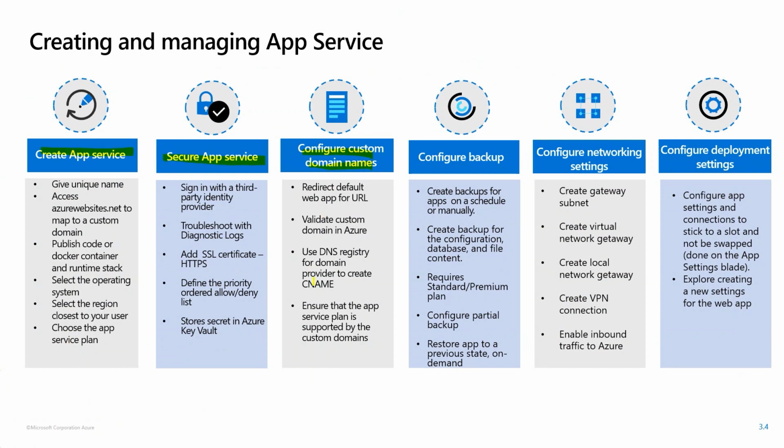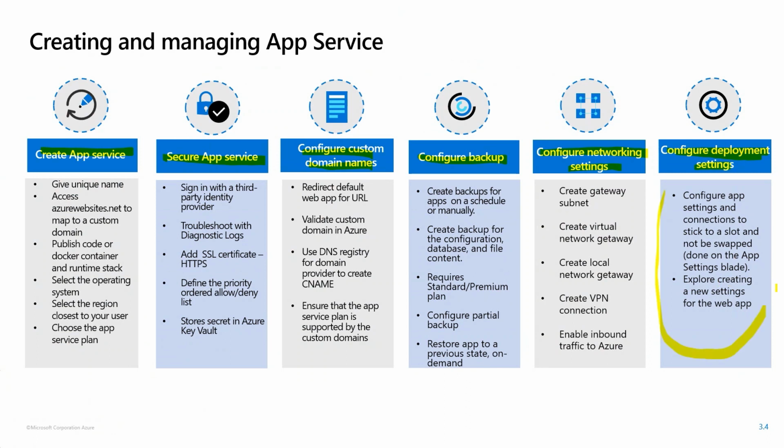Customize any domain names, maybe if you want to bring in a custom domain name, validate it, understand how you have to map that DNS registry or set up that registry or zone mapping for that app service plan. Don't forget to think about backup. Of course, you're going to configure your network settings to coordinate your communication within your virtual network, as well as those deployment settings that I mentioned a second ago.